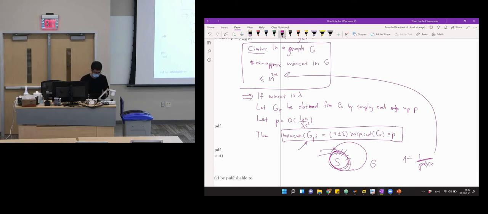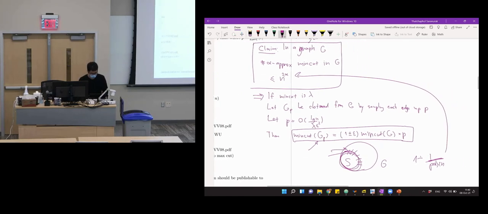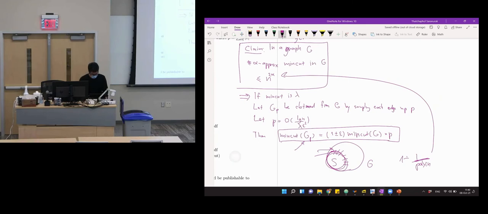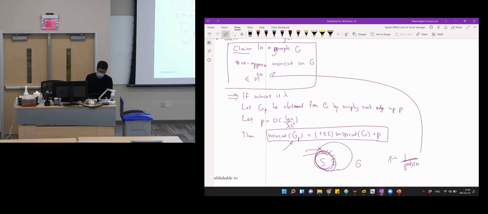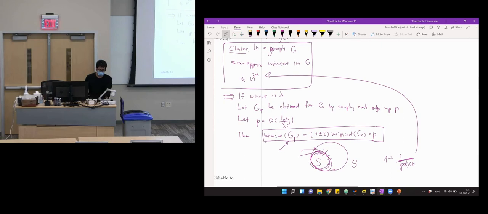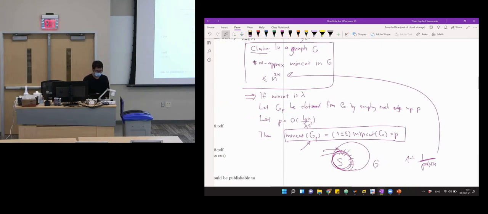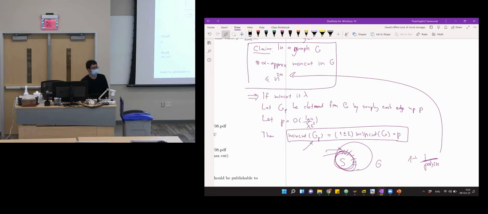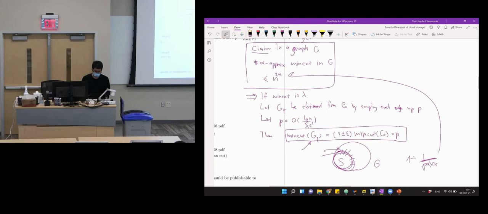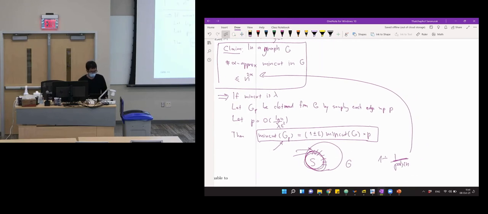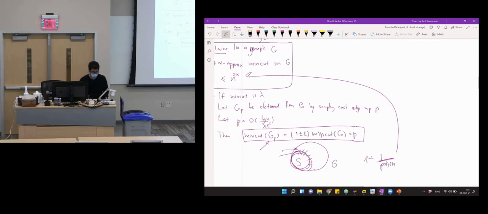So that was just something super quick, but I'm mentioning it here because we can try to do something like this for hypergraphs too.